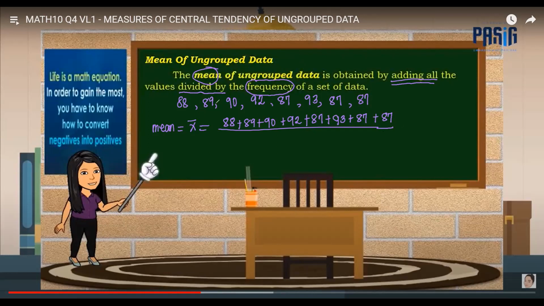Divided by ilan sila? 1, 2, 3, 4, 5, 6, 7, 8. Okay. So what will be the answer here? Ano po yung sum nito?